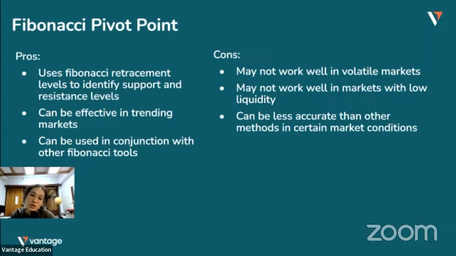However, it might not work well in volatile markets or in markets with low liquidity, and it can also be less accurate than other methods depending on the market conditions. So most of these methods, like I mentioned earlier, are highly dependent on your market conditions and whatever currency you are looking at at the current point in time.